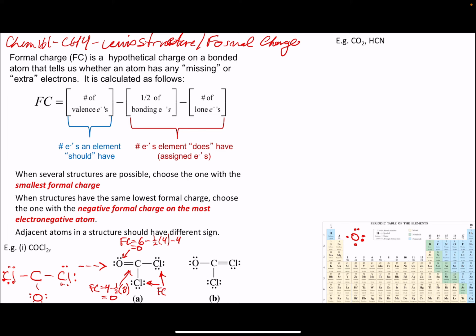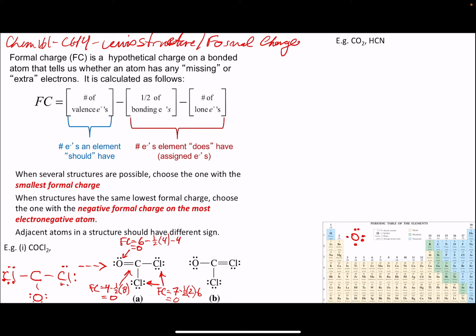The formal charge on both of those centers is going to be 7, since chlorine is in the 7th column with 7 valence electrons, minus half of those that are in the bonding circumstance, so 2 electrons on the single bond, minus the number of lone pair electrons, so a total of 6 there. 7 minus 1 minus 6 is 0.